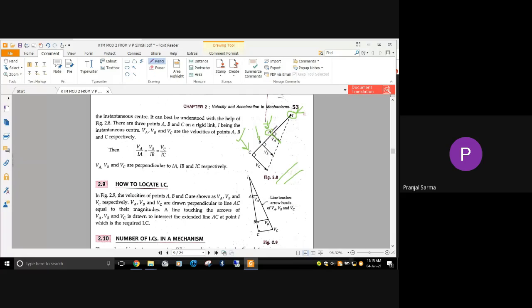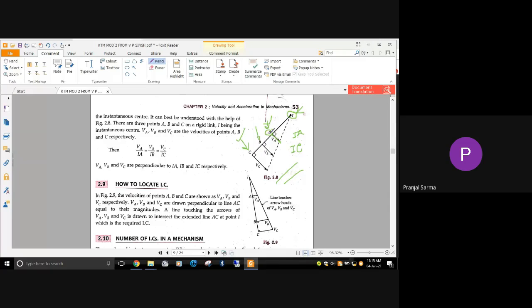So we know that in this case velocity is directly proportional to the distance from the instantaneous center. If we consider the distance IA and the distance IC, from this figure, which distance is more, IA or IC?